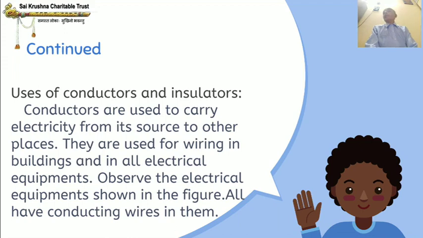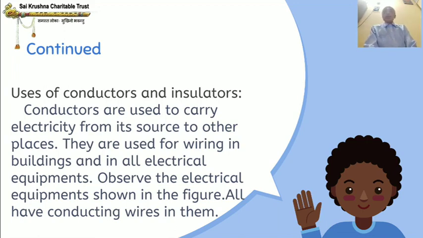Conducting wires means wires that allow the electricity to flow. That means all these wires are metal wires which are good conductors of electricity. Okay, so conductors are used to carry electricity from its source to other places.